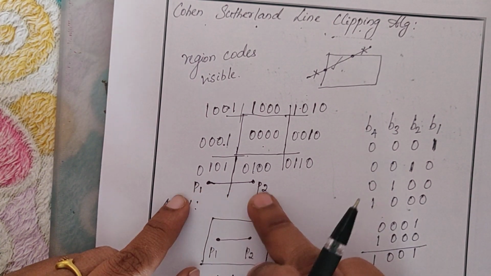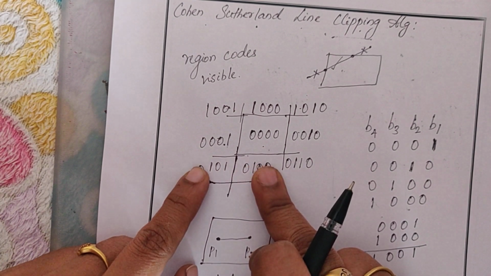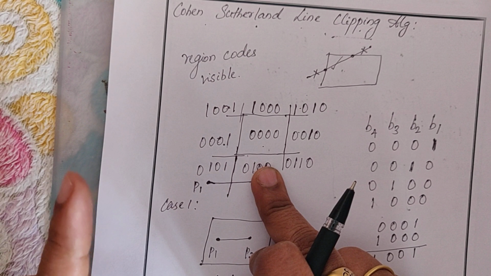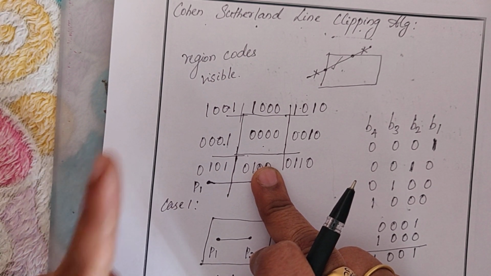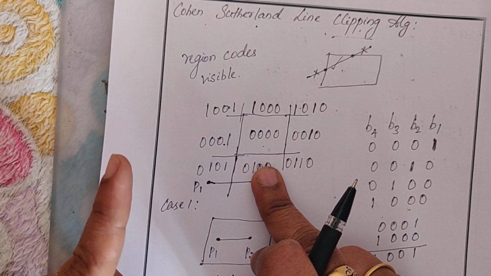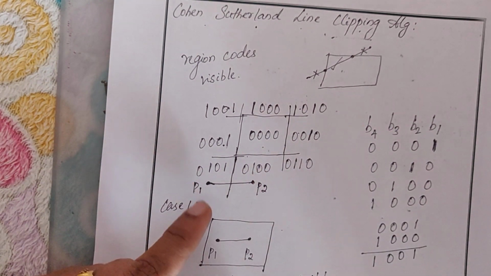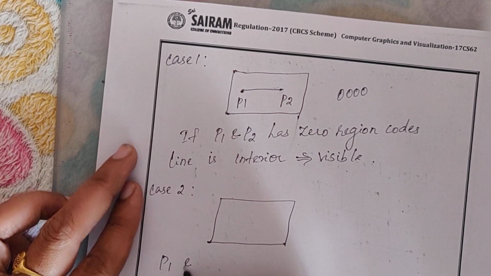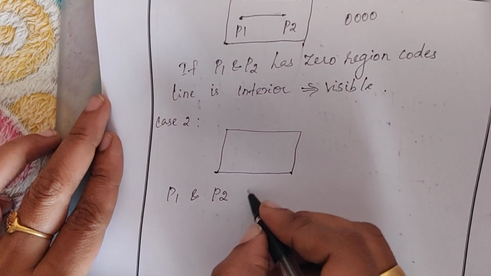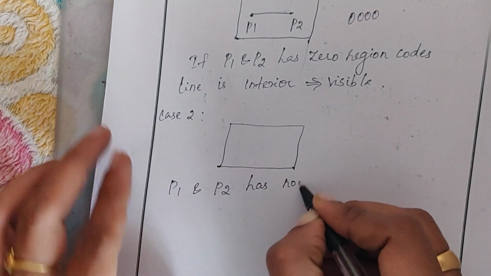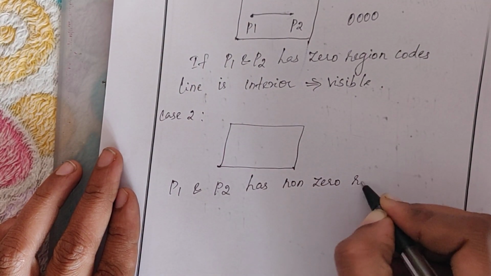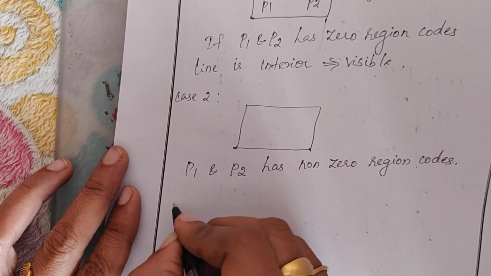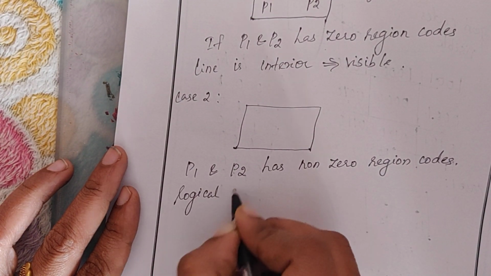Suppose both the endpoints have non-zero region codes. What I have to do is take the logical AND operation and check whether the result is a non-zero value or a 0 value. So here P1 and P2 have non-zero region codes. In this case I take the logical AND.